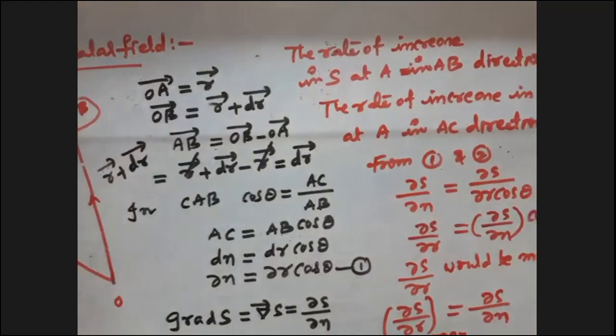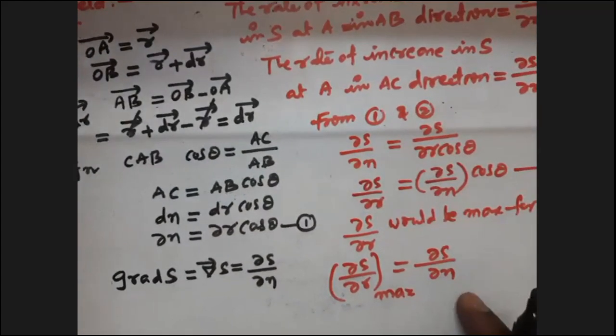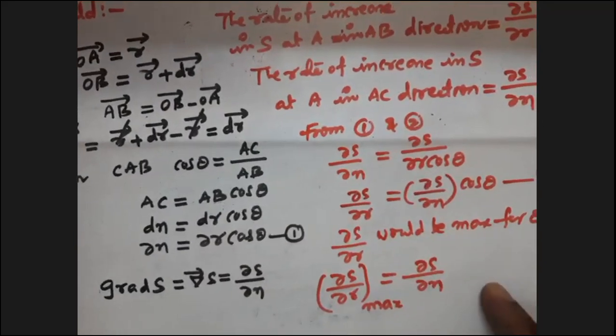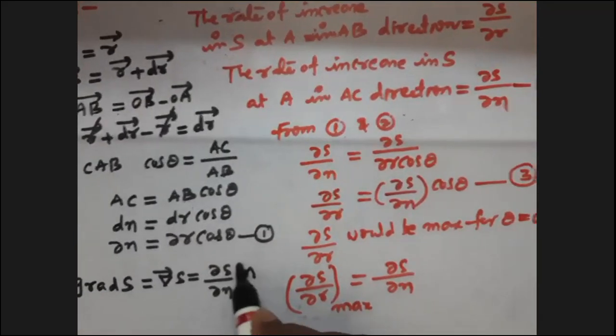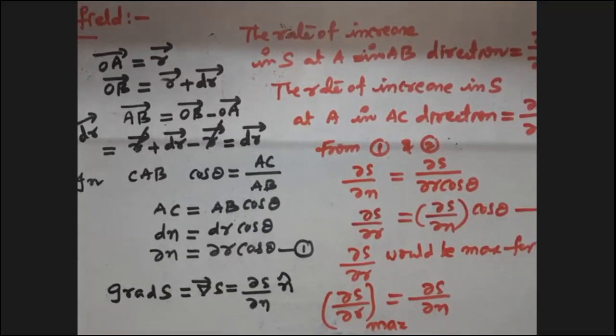How much is that maximum value? dou S by dou r maximum equals dou S by dou N. This is the magnitude, into n cap, where n cap represents the direction of the gradient.